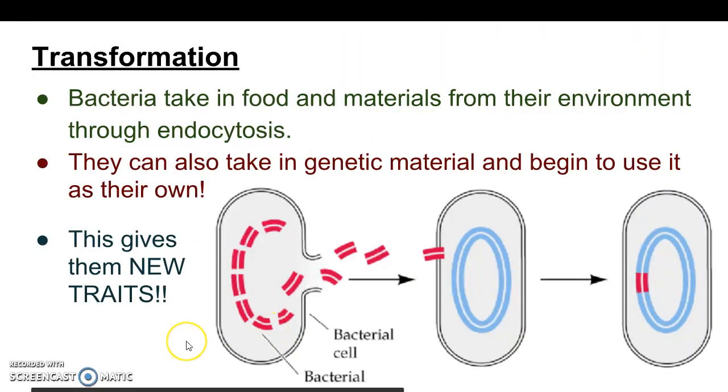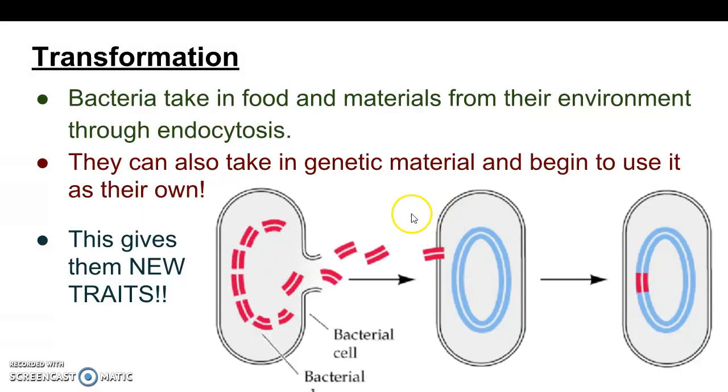Now, a really cool thing that bacteria can do that we can't is a process called transformation. And that is a really cool process of gaining new traits. So bacteria always take in food and nutrients and all the things that they need from their environment through the process of endocytosis.